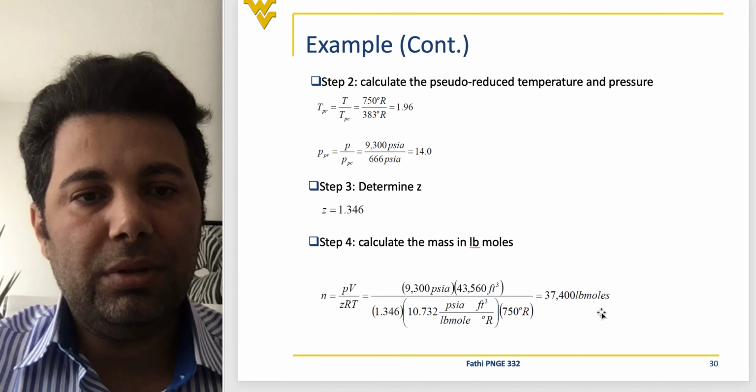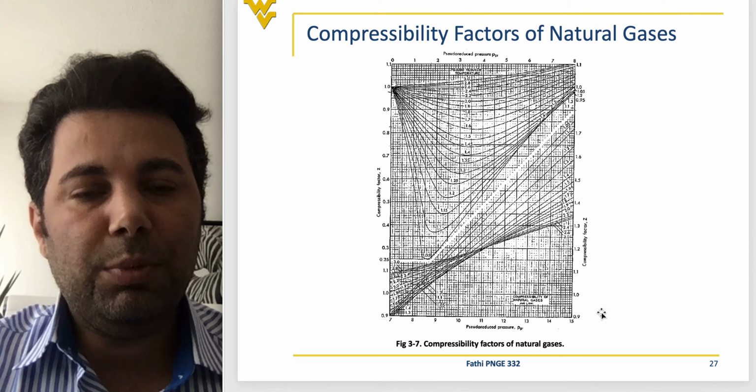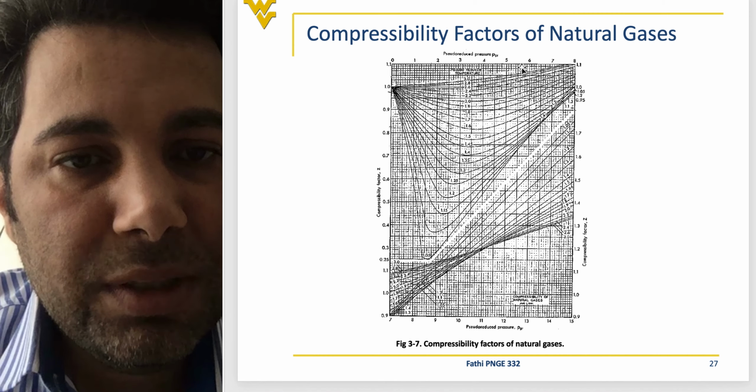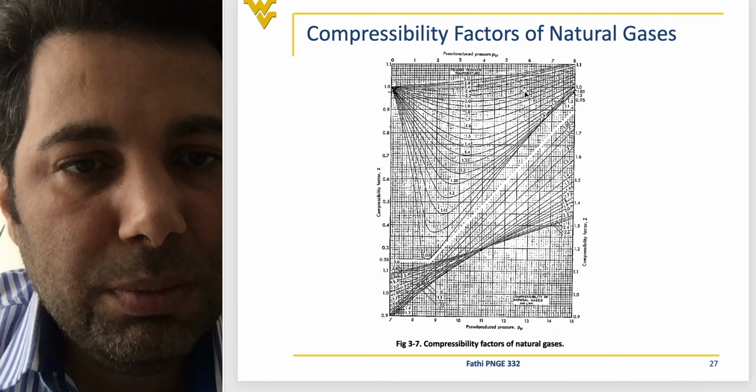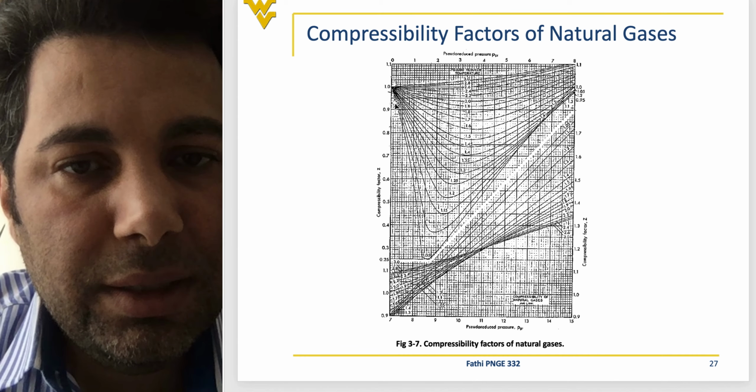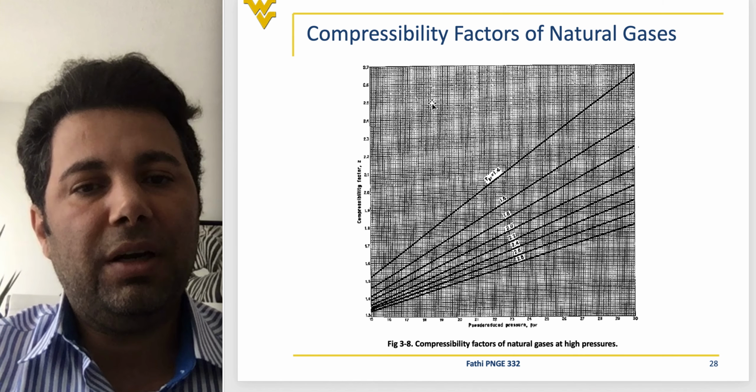Then I go to this graph. PPR is 5.7, so it's less than 8. I go here: this is 5, 5.5, 5.7, and the TPR was 1.8, I guess. If it was 1.8, then the Z value is very close to 0.95.